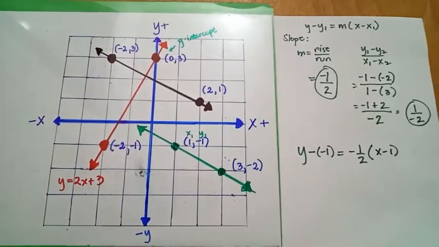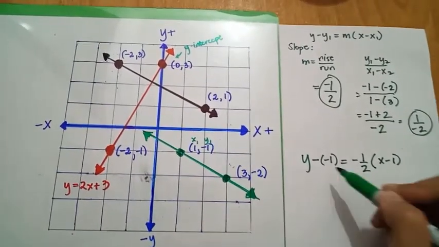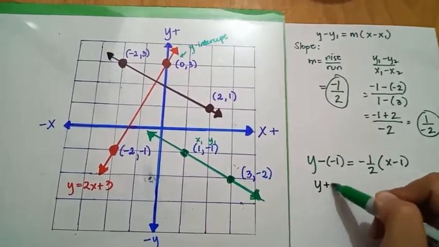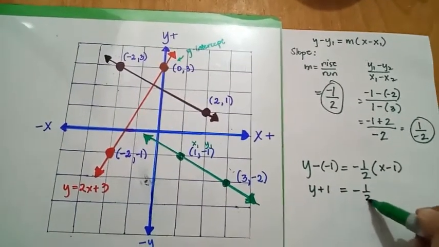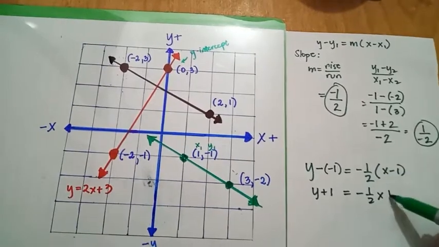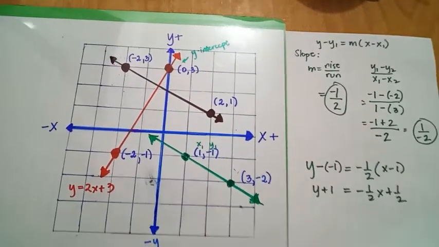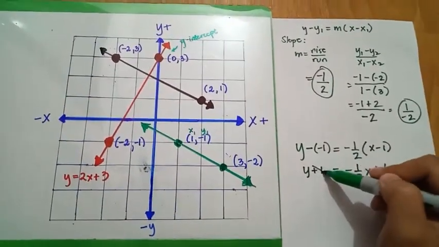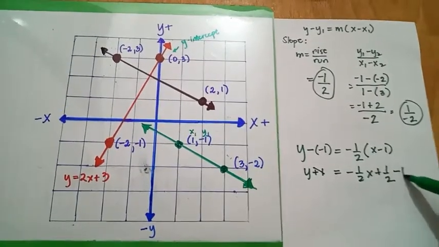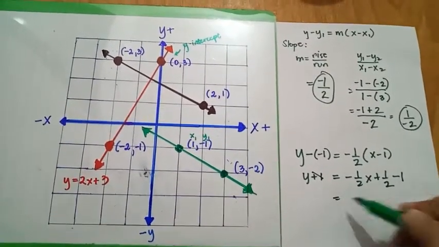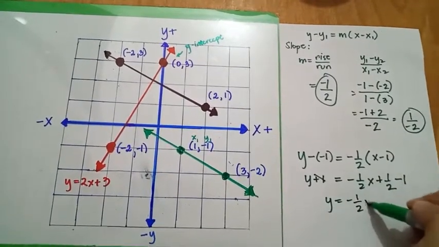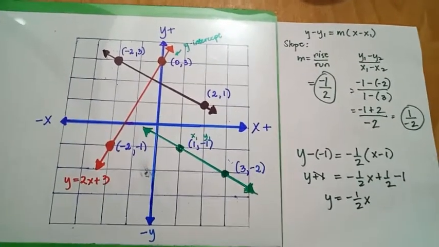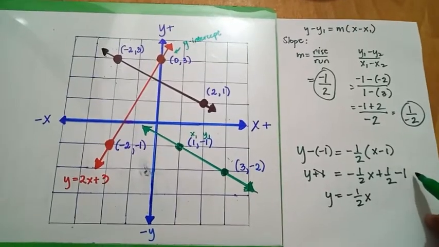Okay? So now, simplifying our given, this will become y plus 1 equals, distributing, we have -1/2 x plus 1/2. Transposing +1 to the other side, it will become -1. And therefore, we will have y equals -1/2 x plus 1/2 minus 1.